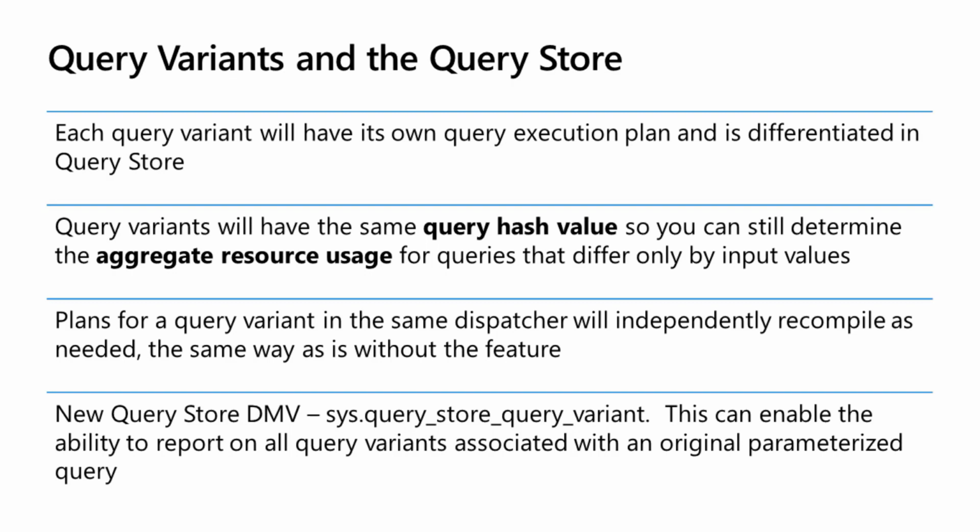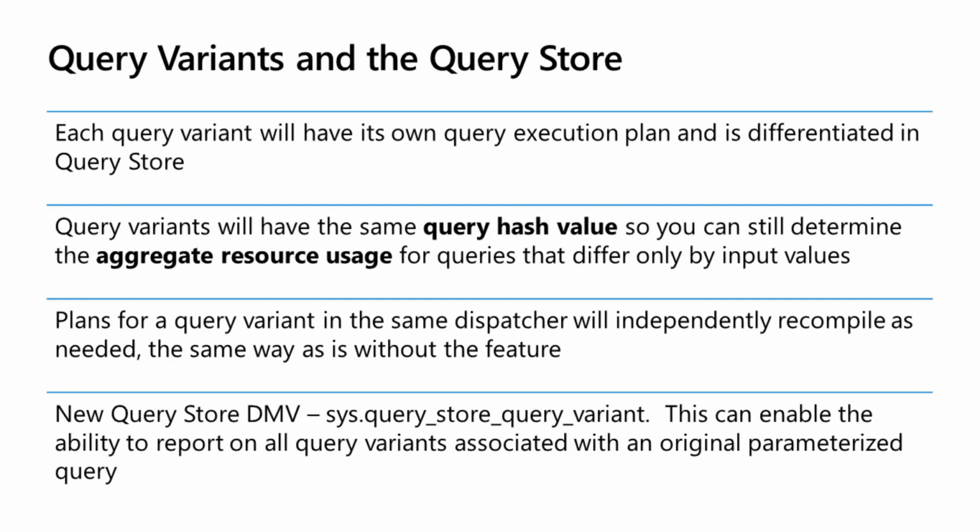So how does the query variant and the query store work together? Great question. So from a query store perspective, we track the parent-child relationship between the original query, the dispatcher, and all of the child query variants. You can actually have more than 3 child query variants, really based on how the data is distributed, how non-uniform things happen to be, right?